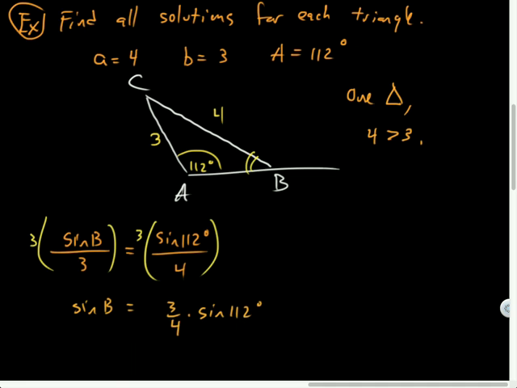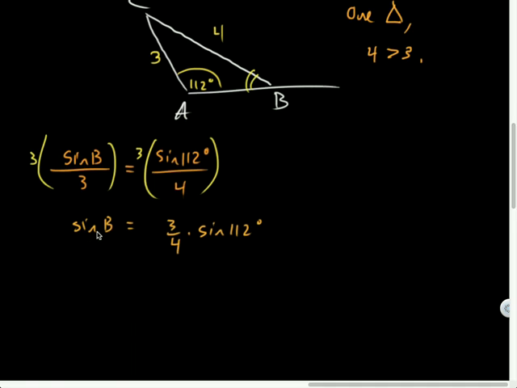And how do you get B by itself? Sine inverse. So I'd get angle B is equal to sine inverse of 3/4 times sine of 112, double close parentheses. So angle B is 44.06 degrees.